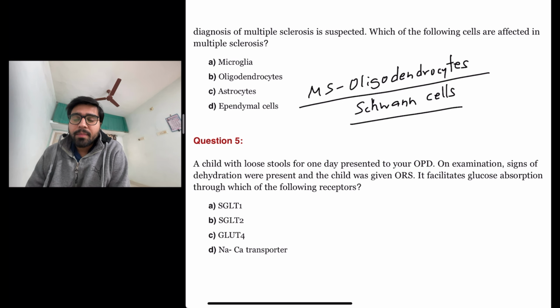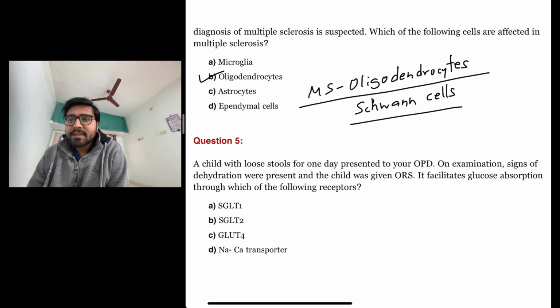Because in multiple sclerosis there is patchy destruction of the myelin sheath of the central nervous system and axons are demyelinated. This causes loss of conduction or delayed conduction in the demyelinated axons. Oligodendrocytes and Schwann cells are involved in the myelination of the nervous system, so they are affected. So the answer here is B, oligodendrocytes.